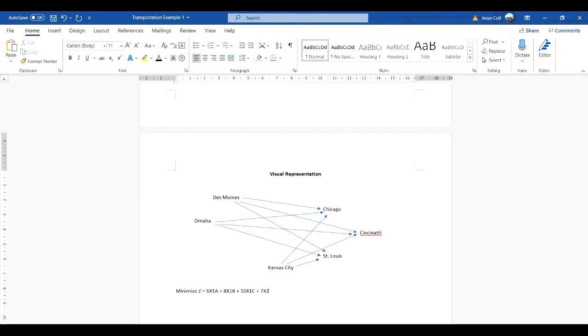7x2A plus 11x2B plus 11x3B plus 4x3A plus 5x3B plus 12x3C.